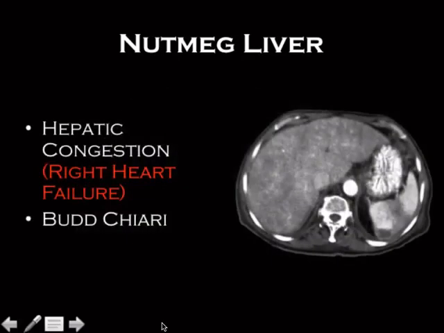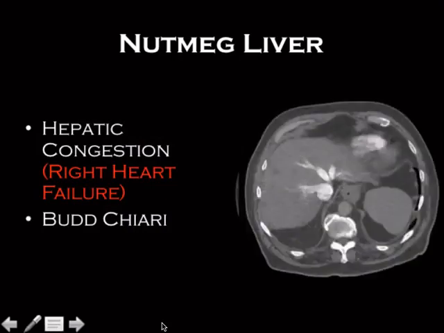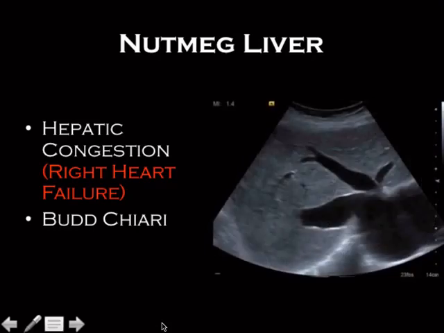Budd-Chiari is on that differential, but it's usually right heart failure, which is much more common. To prove that, it would be nice if they'd show you something like this: reflux of contrast into the hepatic veins on a PE study. You've probably seen this. Or it could get real sneaky and show it on an ultrasound with really dilated hepatic veins.